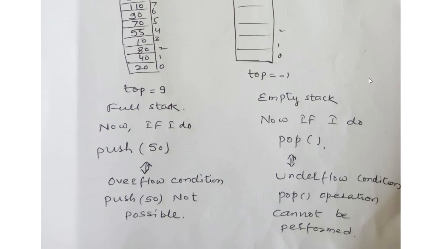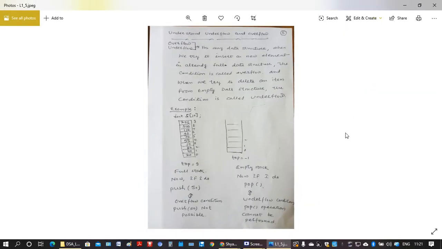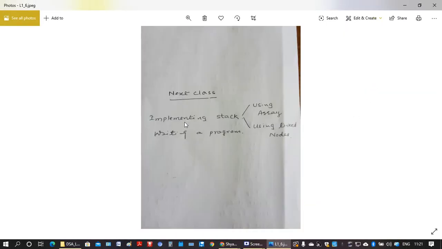In next class, we will be discussing how to implement this stack. So we will be implementing stack in two ways using an array, which is called static implementation, and we will also use linked nodes, which is called dynamic implementation. So we will also write the program or will understand how to write a program in C programming to implement a data structure. So wait for my next video.